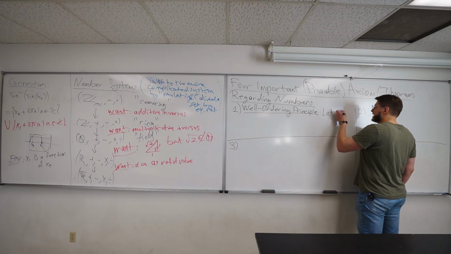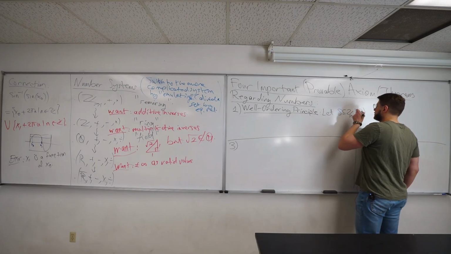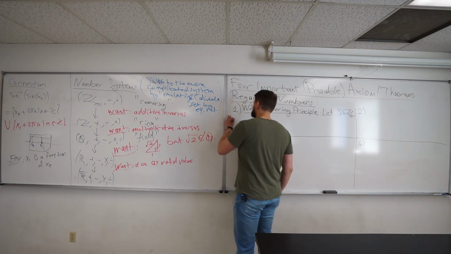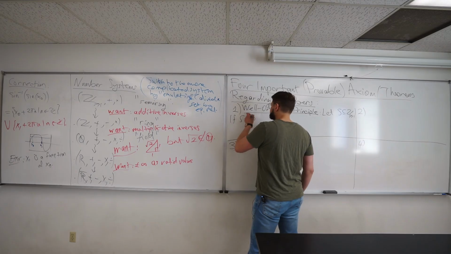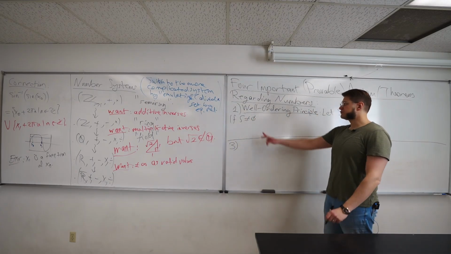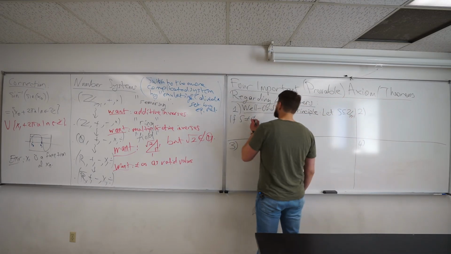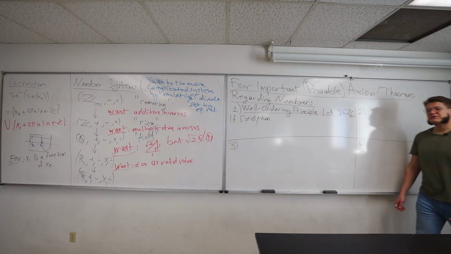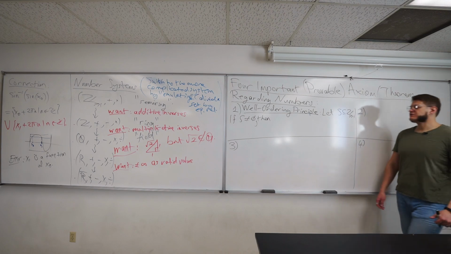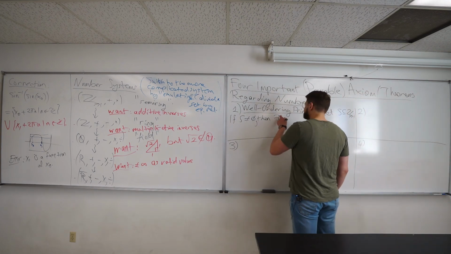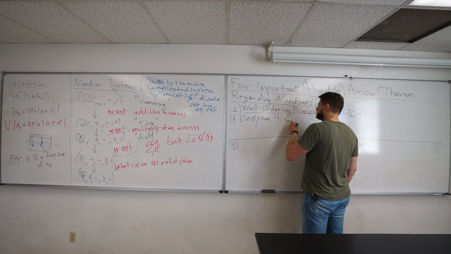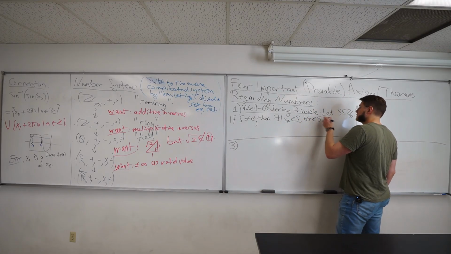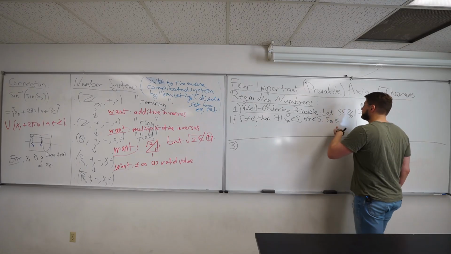In other words, let S be a subset of positive integers. If S is not the empty set, right? This was my notation for the empty set. If S is non-empty, then let's try to think about how to write this unique minimum business. Well, here's how I can write it. There is a unique s-star in S, such that for any s in S, s-star is less than or equal to s.